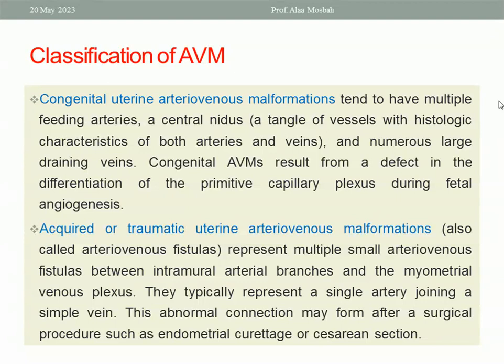They typically represent a single artery joining a simple vein. This abnormal connection may form after a surgical procedure such as endometrial curettage or cesarean section. So the risk factors here are endometrial curettage, cesarean section, myomectomy, or any surgery related to the uterus.